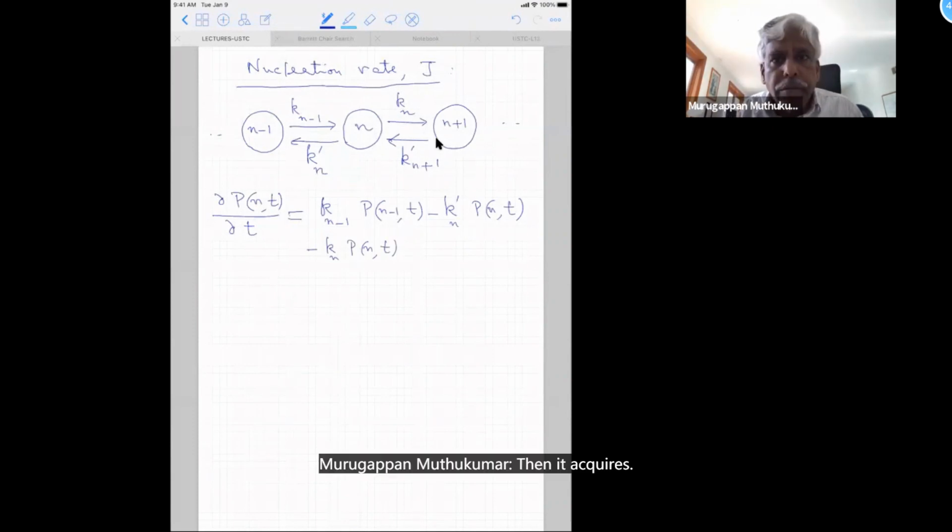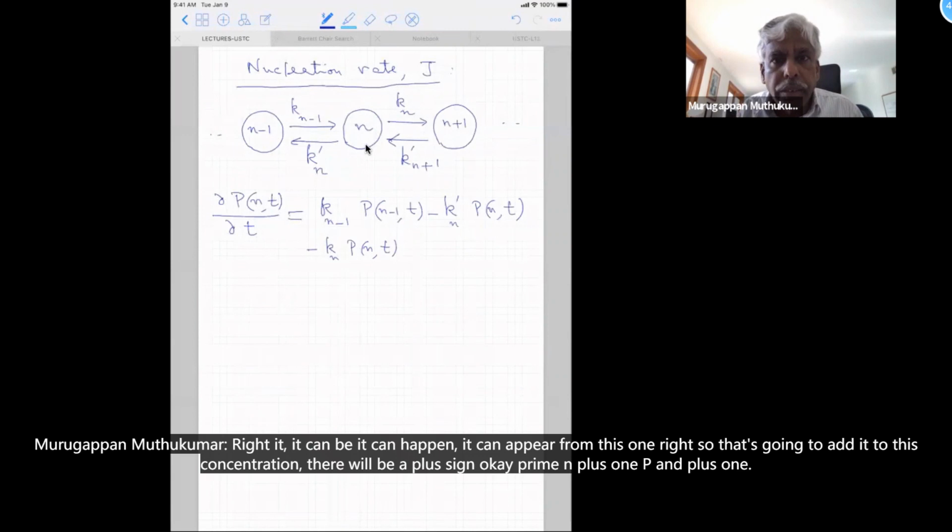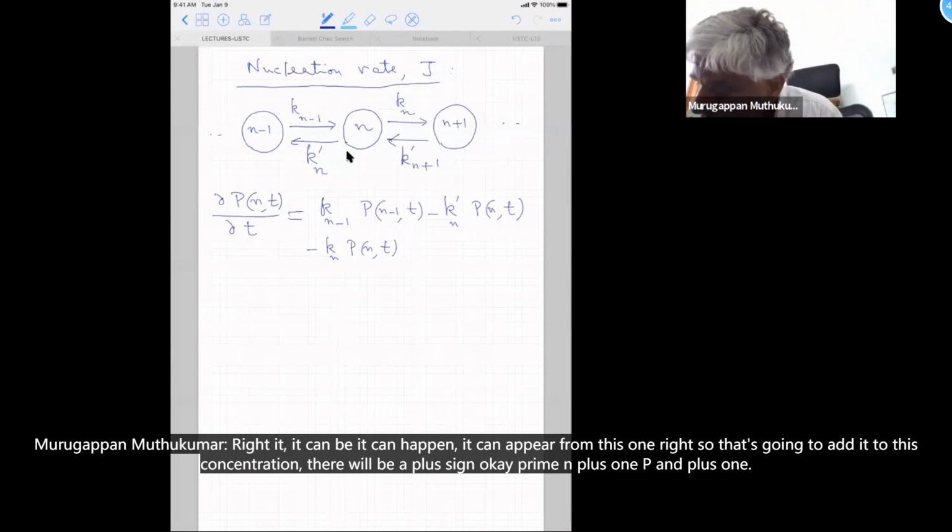Then it can appear from this one, so that's going to add to this concentration. Therefore, it will be a plus sign, k prime n plus 1, P n plus 1.